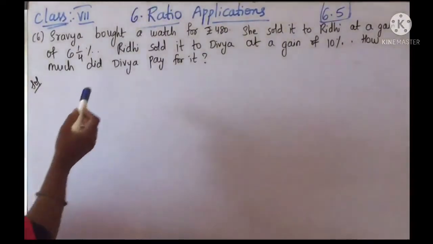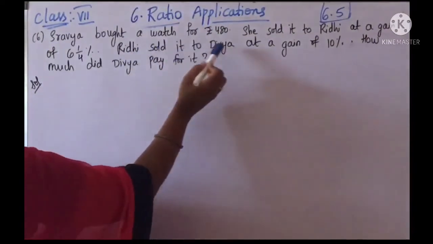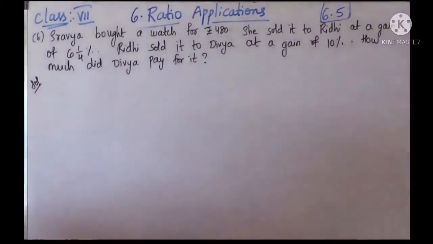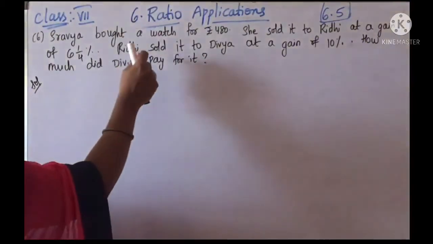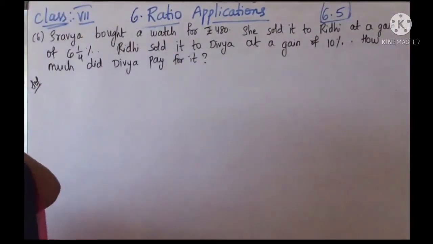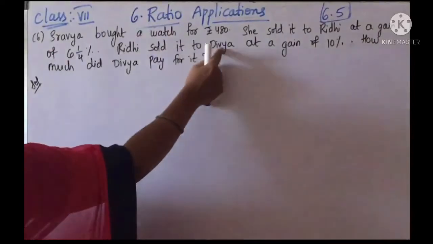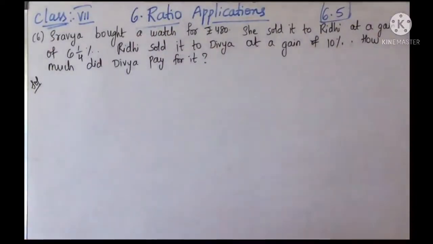And in the second part, Riddhi sold it to Divya at a gain of 10%. So here we need to find again the selling price of Riddhi. That will become the cost price of Divya. How much did Divya pay for it? Finally we need to find the CP of Divya. Okay, children, so two parts.